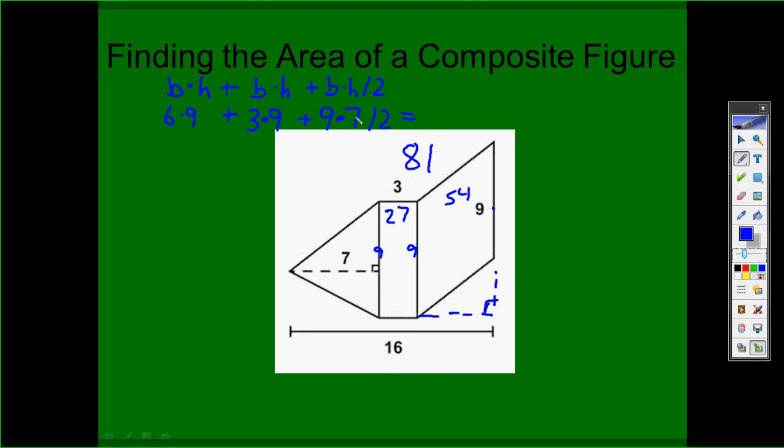My triangle would be 9 times 7, which is 63, divided by 2 would be 31.5. So I add to this 31.5, and I get 112.5. And there are no units actually given, so it would just be units squared, 112.5 units squared. So I'm finding the area of each individual thing, and then I'm adding them together.